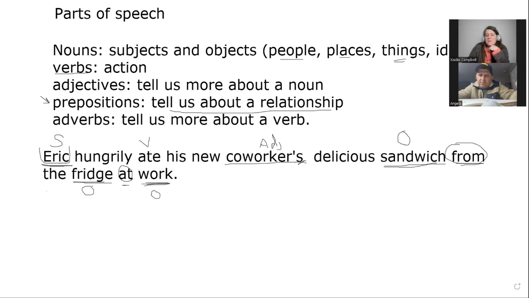What words tell us more about the nouns? We have delicious, right? That's an adjective. What kind of sandwich? A delicious sandwich. What kind of coworker? A new coworker.